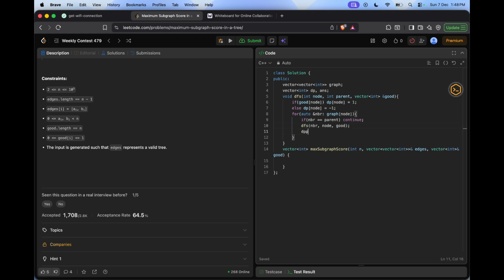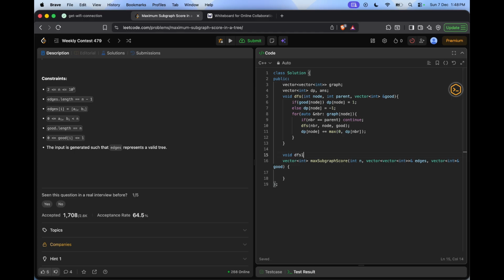Now calculate DP at node plus equal to max of 0 comma DP at neighbor. This is it. We have calculated the first DP.